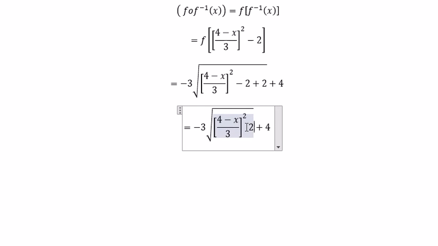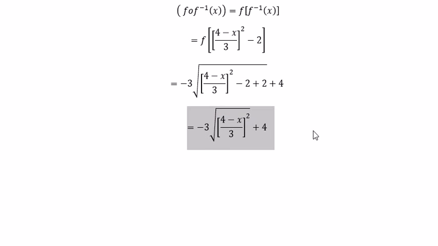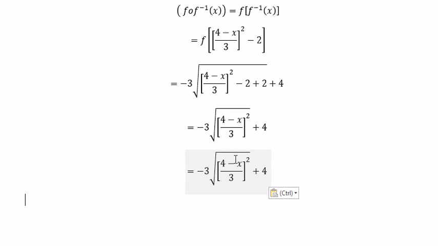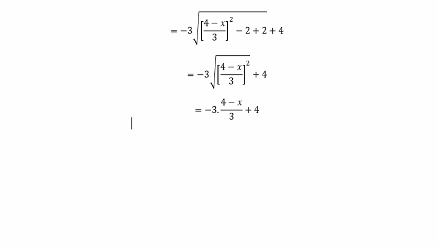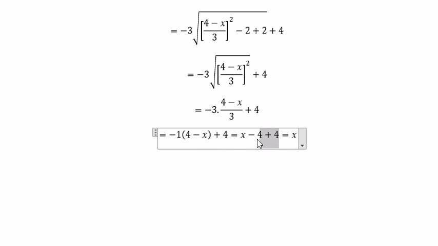Next, we have the square root, so you got about 4 minus x over 3. Negative number 3 and number 3, you got about negative number 1. And now we got about x with negative 4 plus 4, and you got about x because they cancel together.